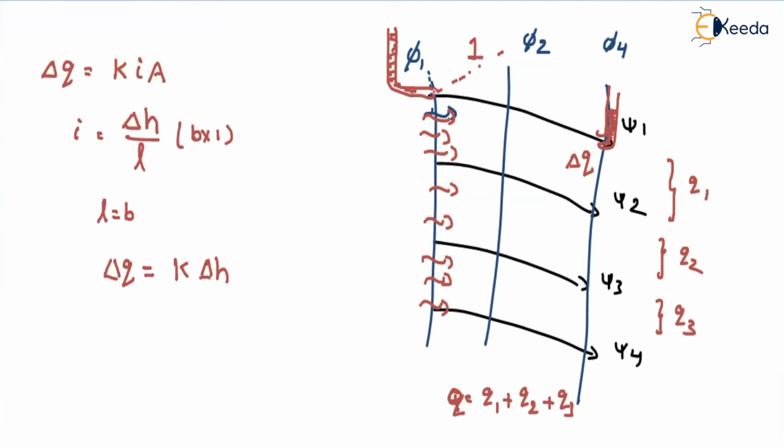So here, how many losses of head are there? Flow starts from here to here, one loss of head, from here to here, another loss of head. So from this, how can I find the delta H? That is H, the total head loss, divided by ND. ND is nothing but the number of potential drops, not equipotential lines.